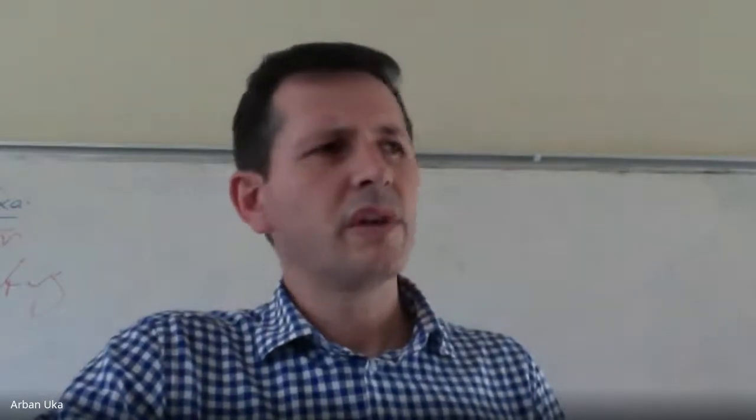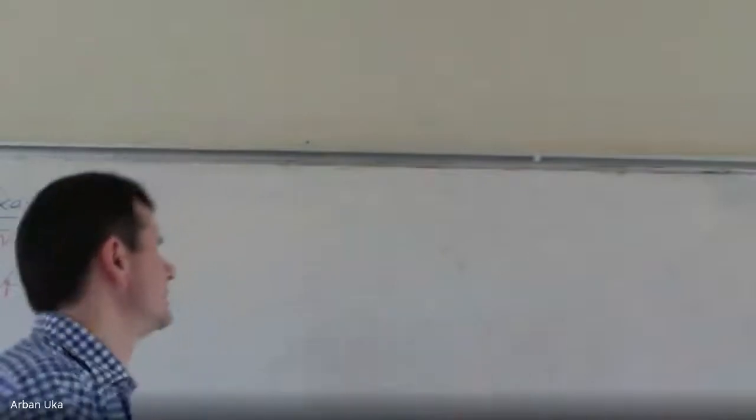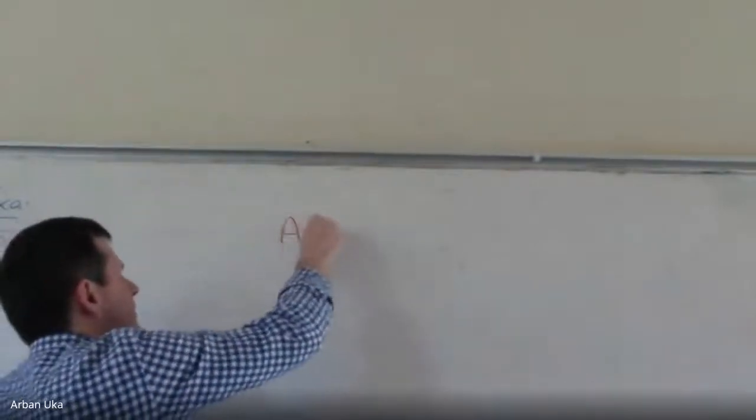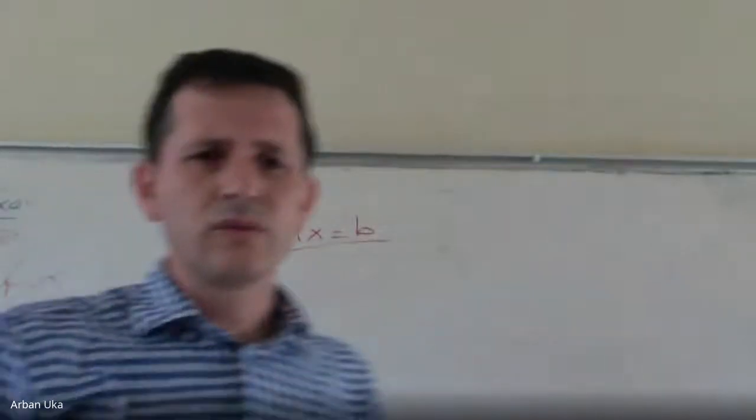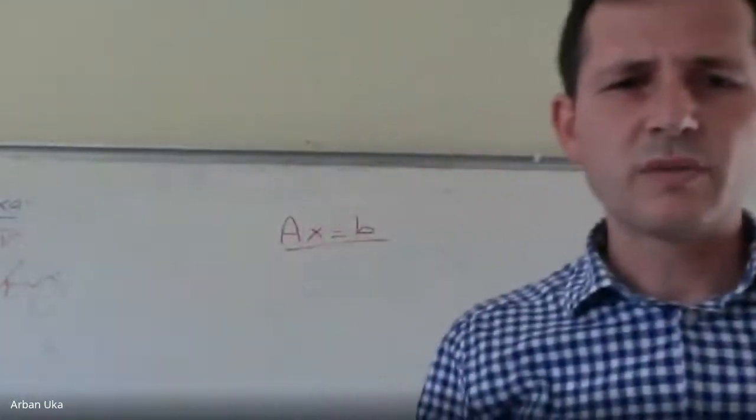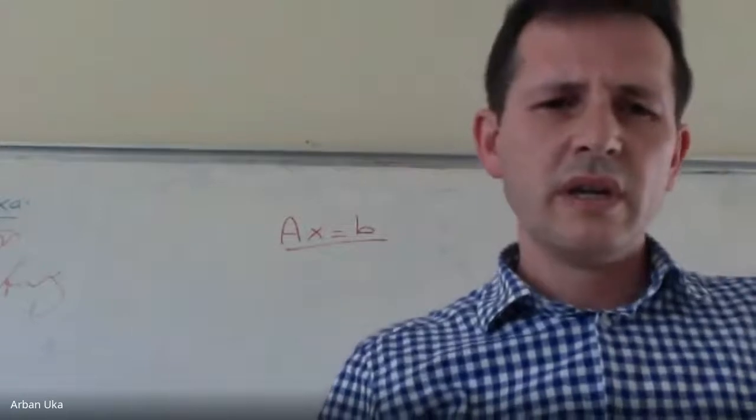These three unknowns are the solutions of an equation Ax = b. So this was the type of system of linear equations that we had to solve.